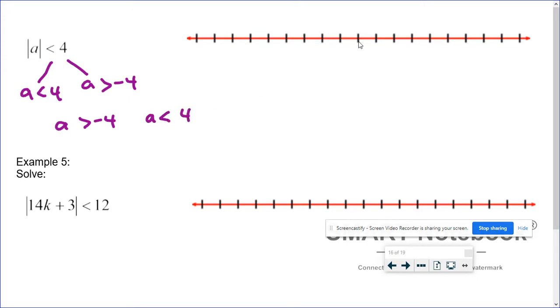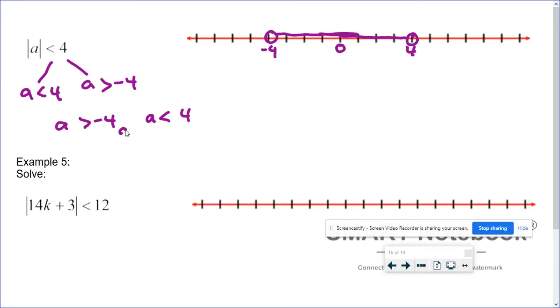If I put that on the graph, let's again assume 0 is here. Negative 4 would be here. That would be an open circle here, shade it this direction. And then 1, 2, 3, 4, that'd be an open circle at 4, and it's shading to the left.